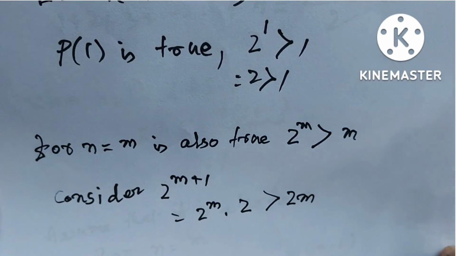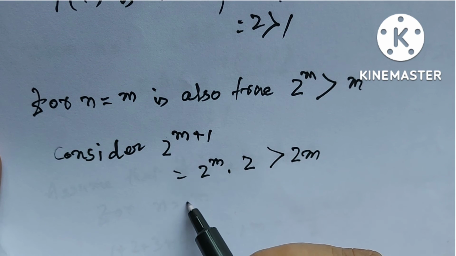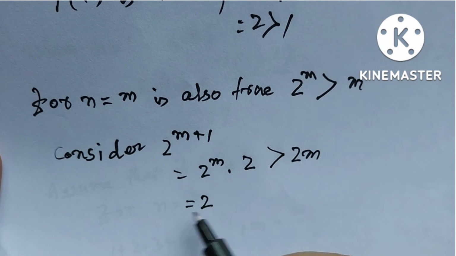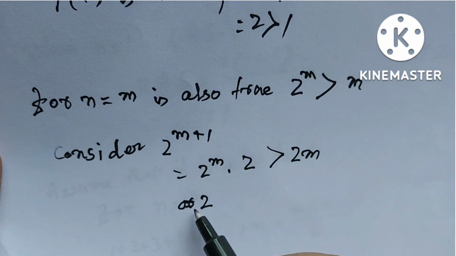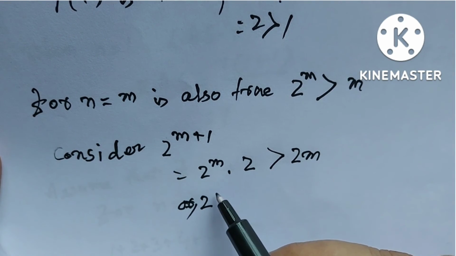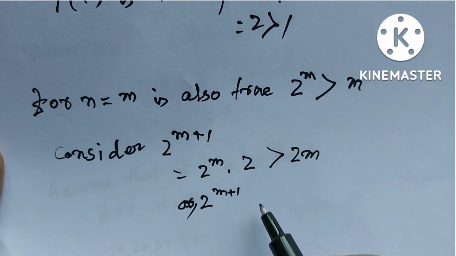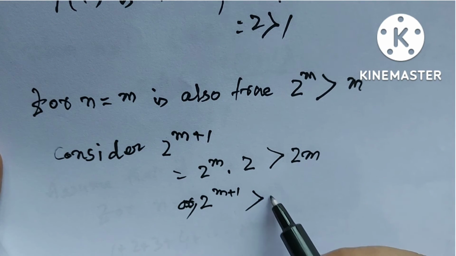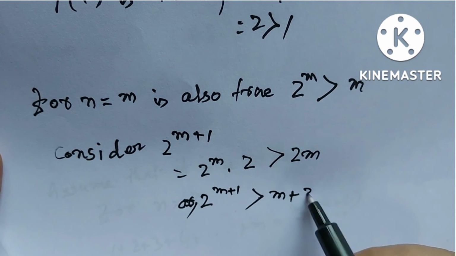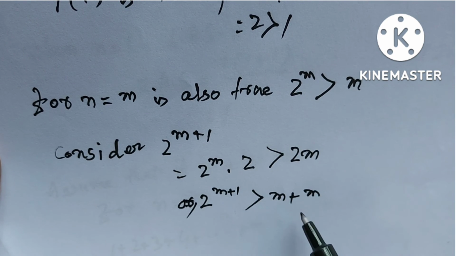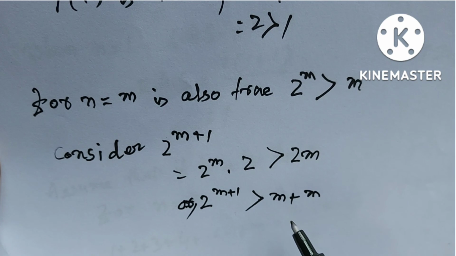Or we can say, 2 to the power m plus 1 greater than m plus m, and m plus m is greater than m plus 1.